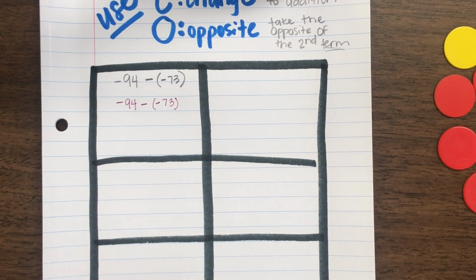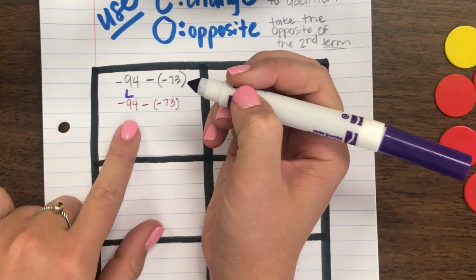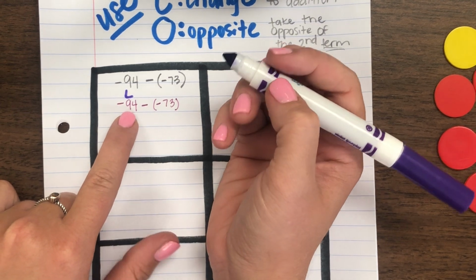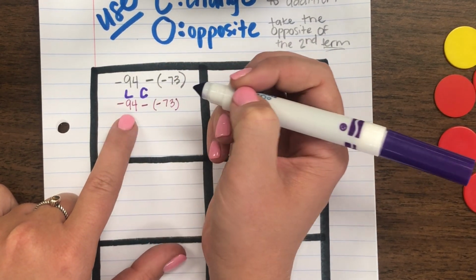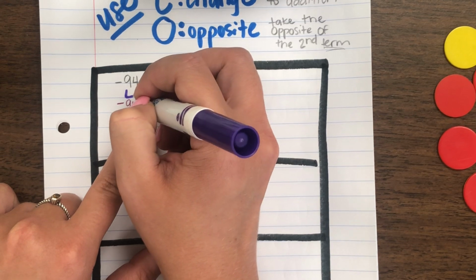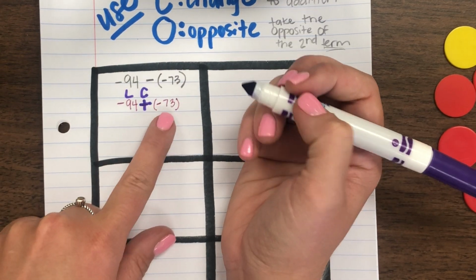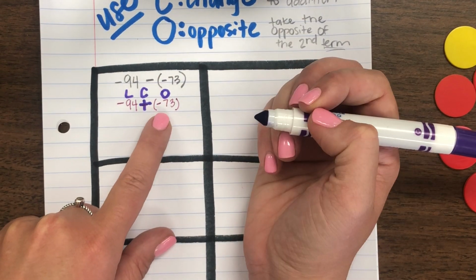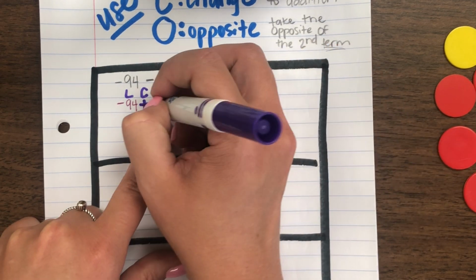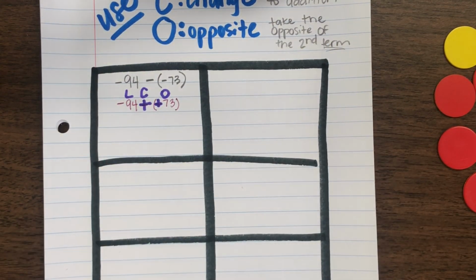Remember, LCO stands for leave the first term alone, change subtraction to addition, and I want the opposite of negative 73, which is positive 73, okay?